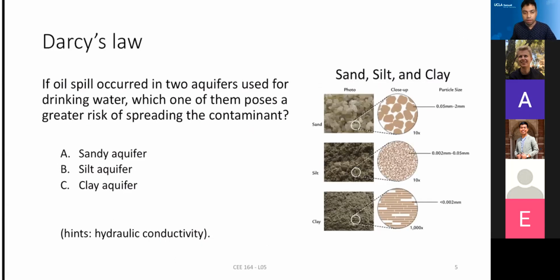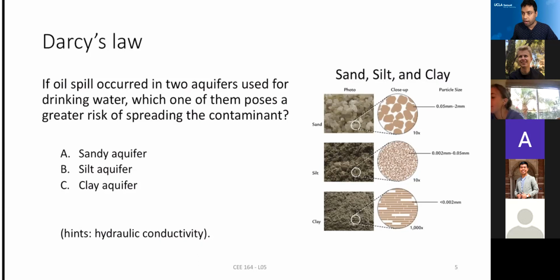All right, based on what we learned last time about how far groundwater pollutants can migrate, let's see how many of you can answer these questions. I'm going to release these quiz questions. You have choices A, B, C. If an oil spill occurs in two aquifers used for drinking water, which one poses a greater risk for spreading the pollutants?